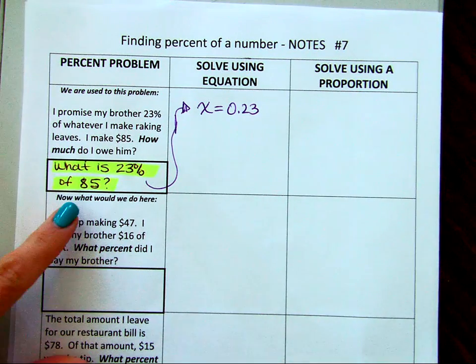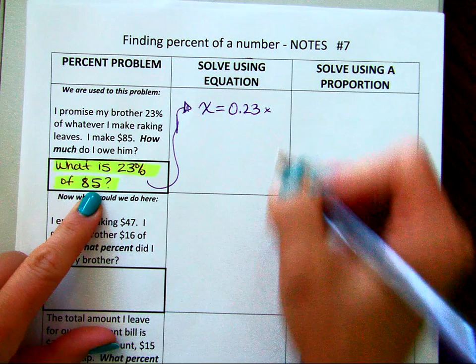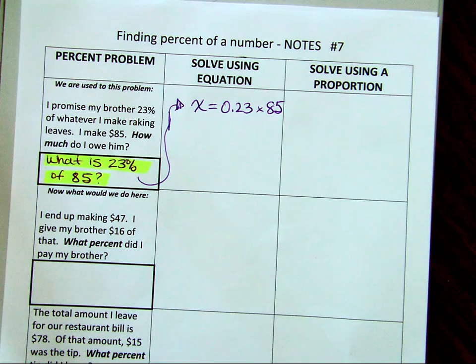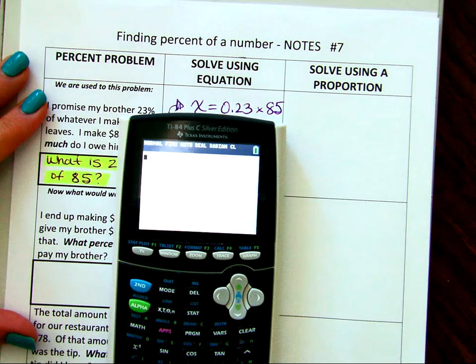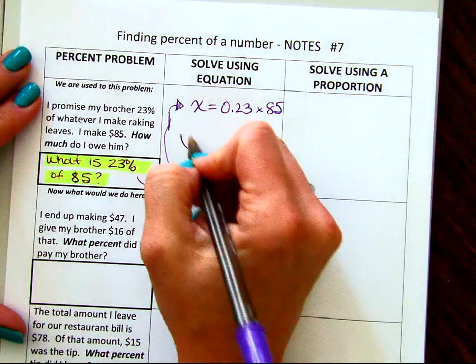Of means times, and 85 is just good old 85, right? Okay? Nothing new. You're like, I know, I get this. We just did this yesterday. I'm just kind of showing you. So 23% of 85, and you owe your brother $19.55, right?